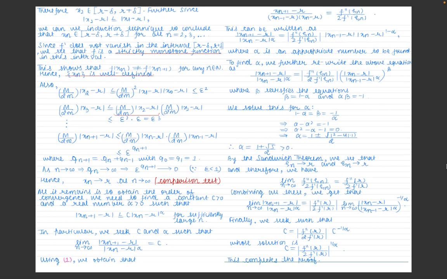Hence this shows that xn converges to r as n goes to infinity, because this side goes to 0, so this side will go to 0. From where does it follow? It follows from the comparison test.